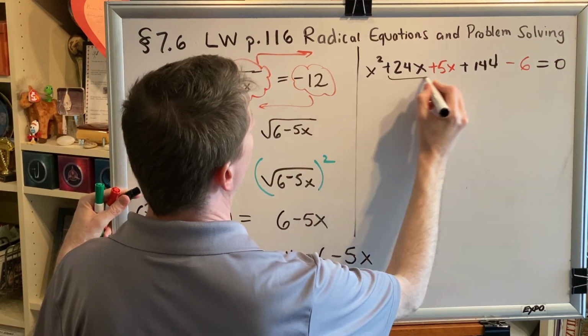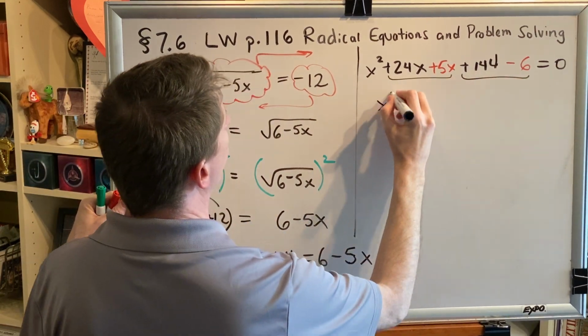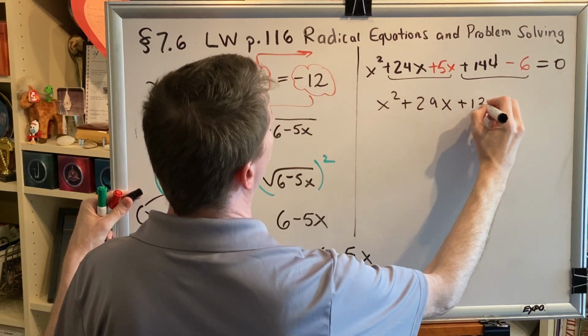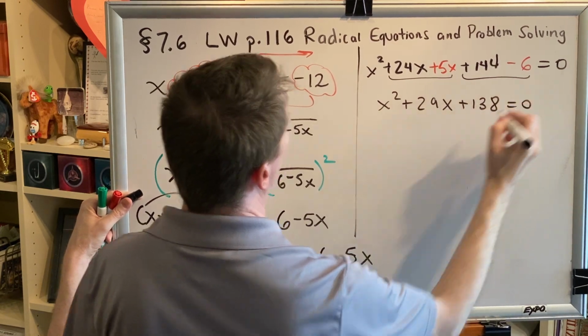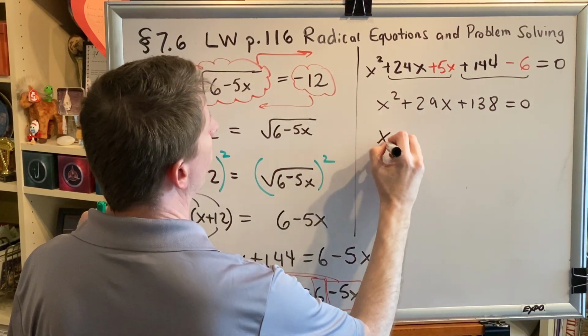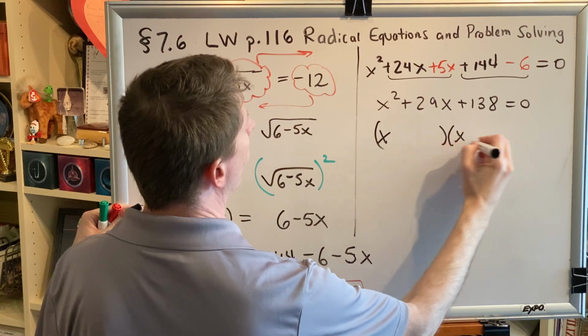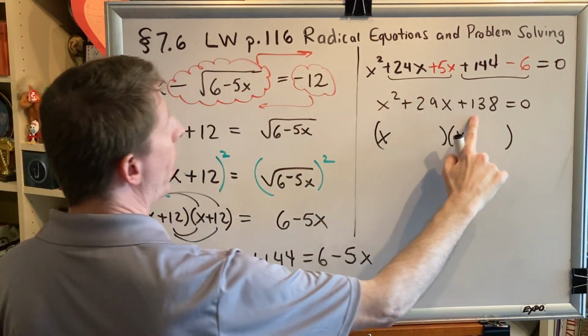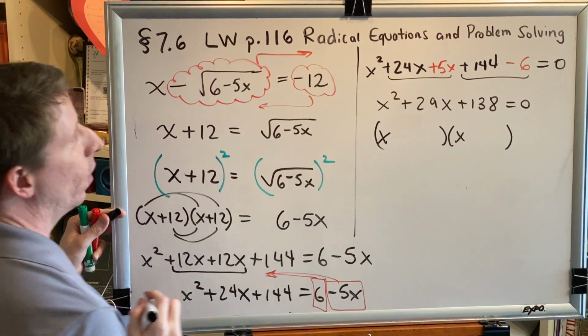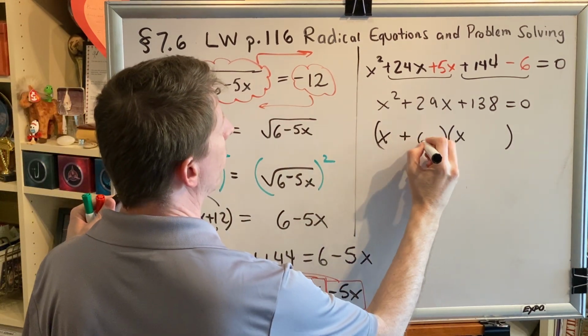All right, now combine like terms again. We get x squared plus 29x plus 138 equals 0. Now factor the trinomial. We need two numbers that multiply to make 138, but add to make 29. Those would be 6 and 23.